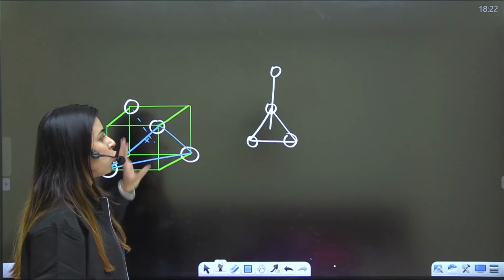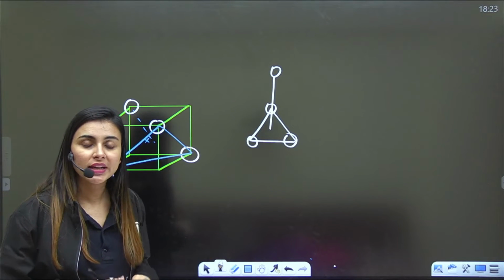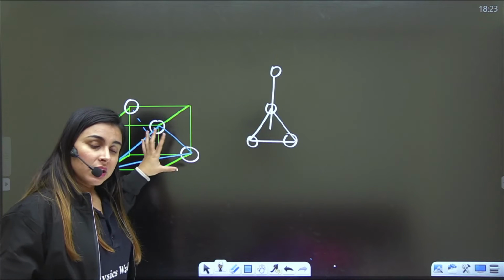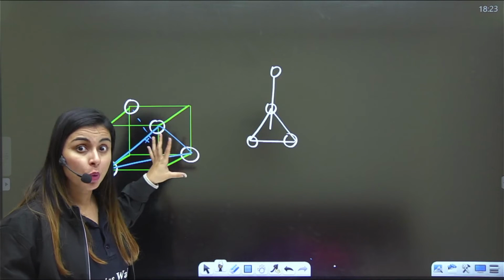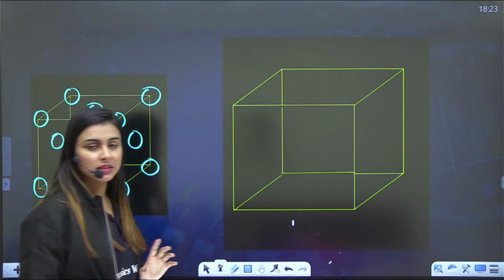I hope you can see how I want to make you understand your tetrahedral void in this imaginary cube. Is this clear to you? Yes, I hope this is clear, because now we'll be using this particular part in the FCC.